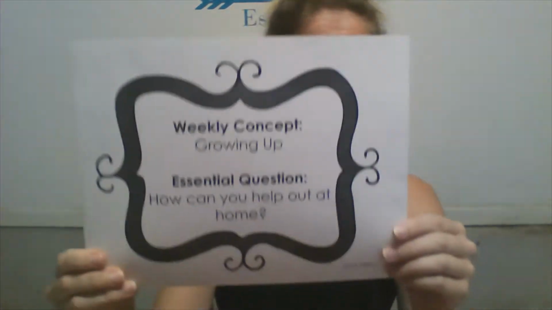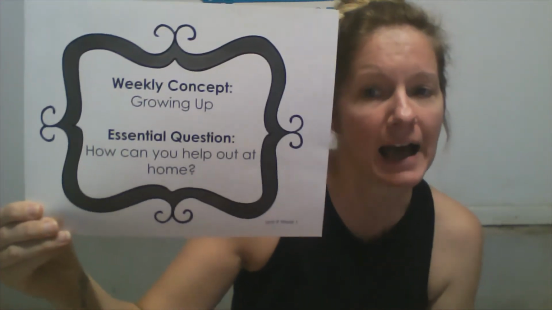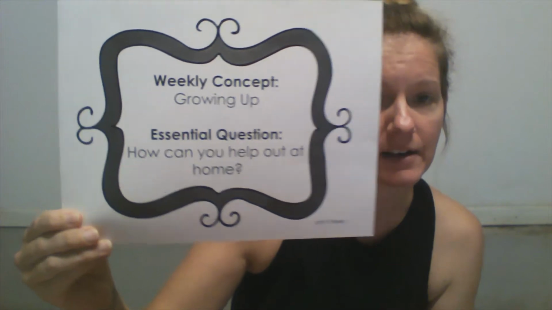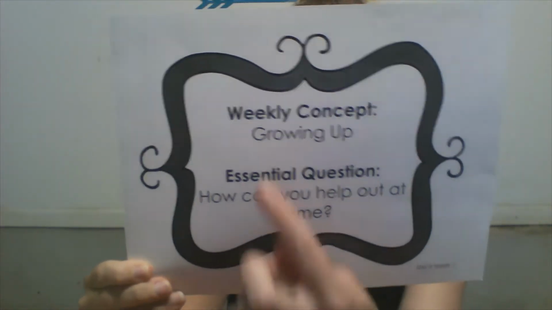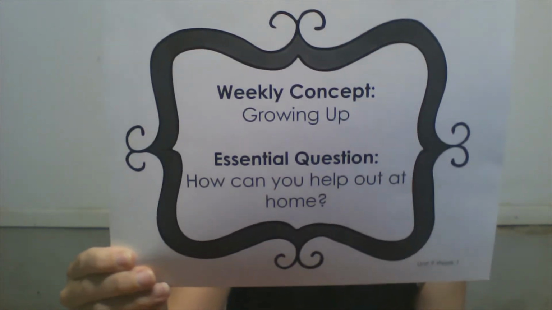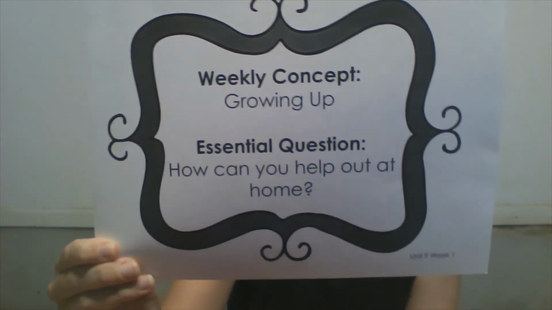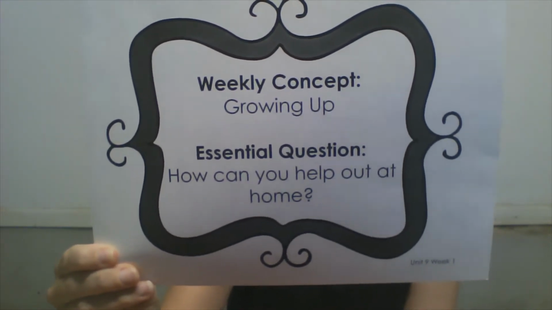All right, we do have a new essential question. Here is your new essential question. It says, how can you help out at home? And our concept this week is growing up. Growing up. How can you help out at home?